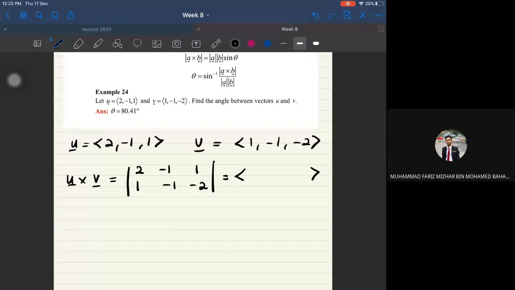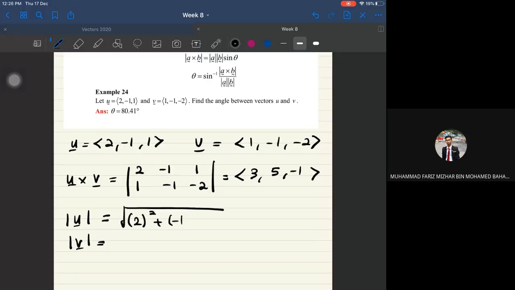Ya, 3, 5, negatif 1, betul. So, 3, 5, negatif 1. So, next, find the magnitude of U and the magnitude of V. So, magnitude of U is equals to square root of 2 squared plus negative 1 squared plus 1 squared.